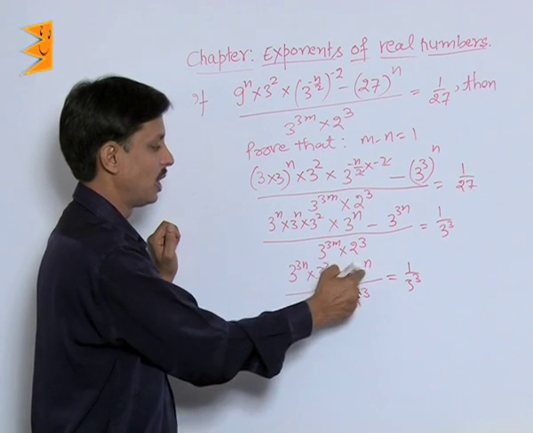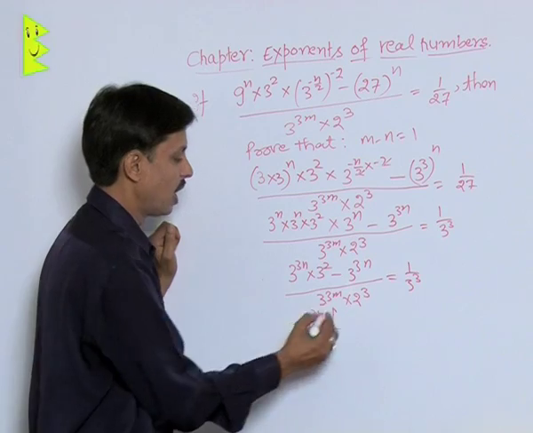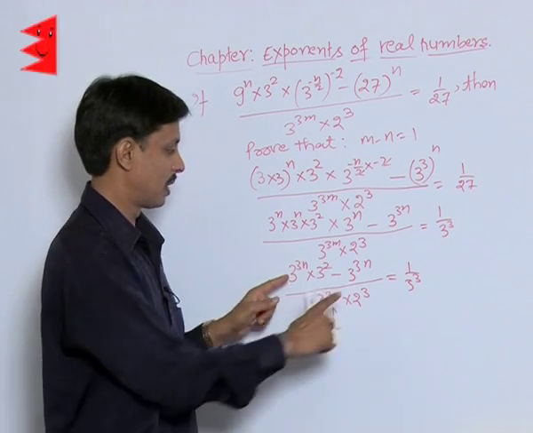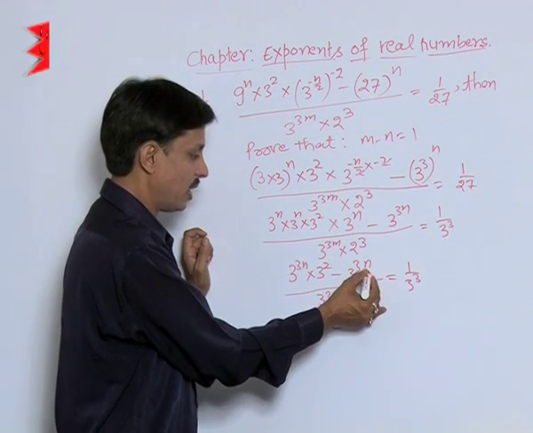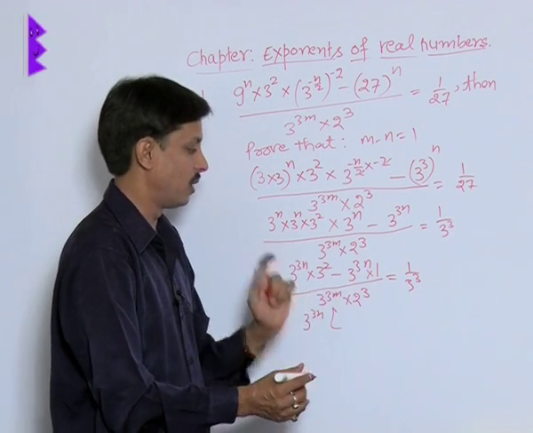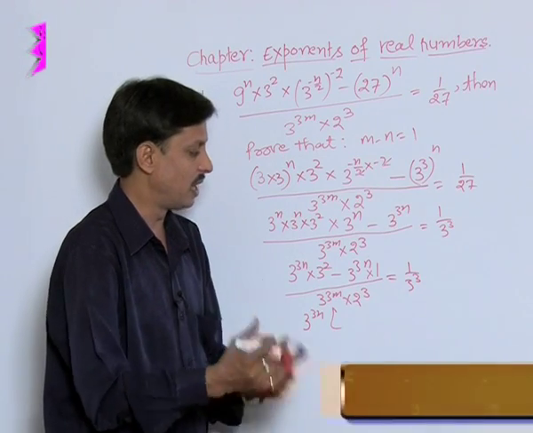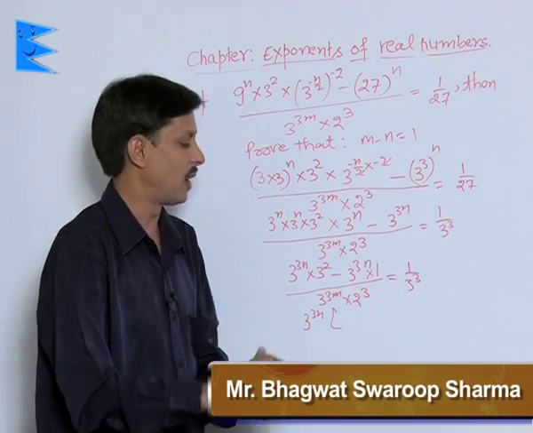3 is to power 3n is common. So this becomes 3 is to power 3n. If it is common, 3 is to power 3n in the numerator, nothing is written with the second term. So I can write the multiplicative identity 1, because 1 is such a number which multiplied with any number does not make any effect in the result.